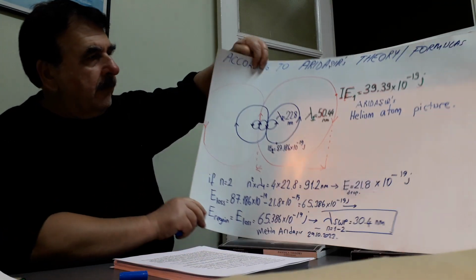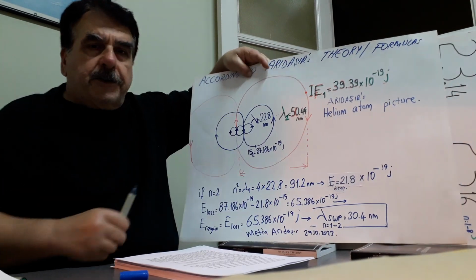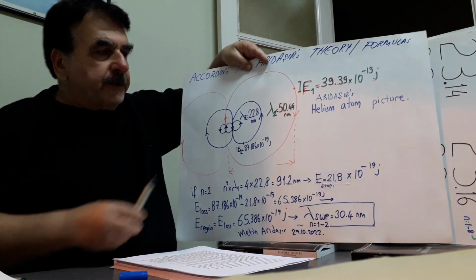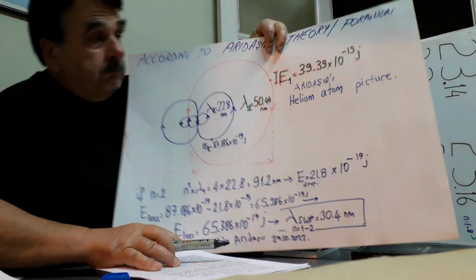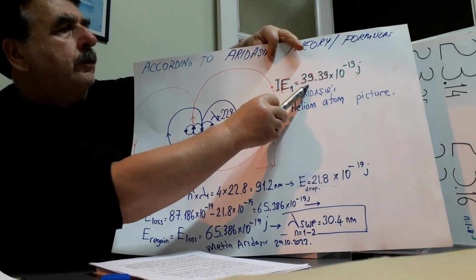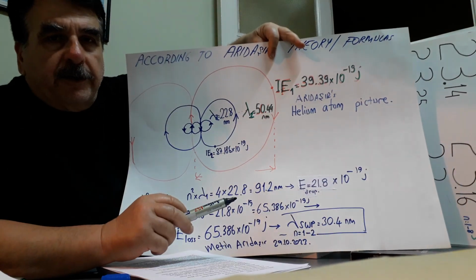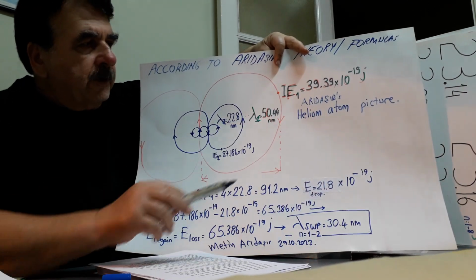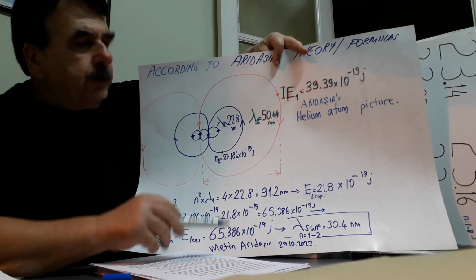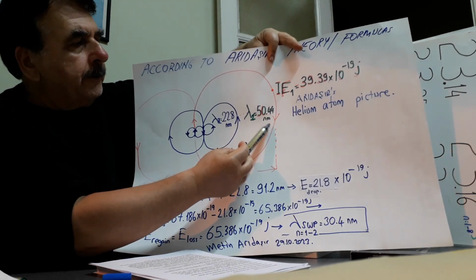Now, again, the first ionization energy of helium is IE1, 39.39 times 10 to the minus 19 joules. Okay, corresponds to what? 50.44 nanometer.